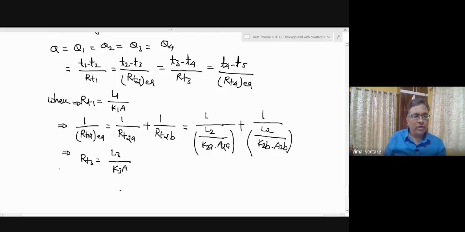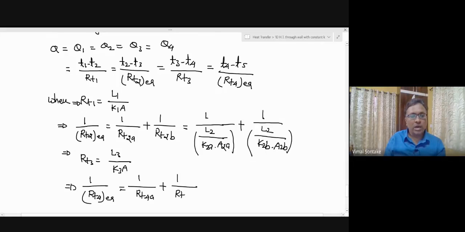And finally, for RT4 equivalent, that is connected in parallel, so 1 upon RT4 equivalent will be 1 over RT4A plus 1 over RT4B plus 1 over RT4C.